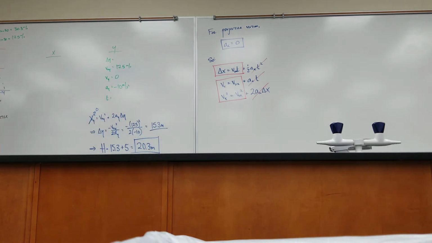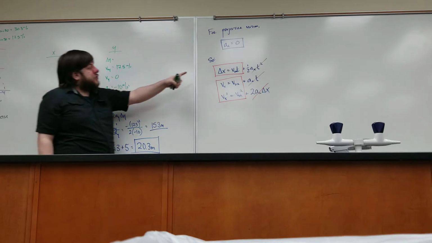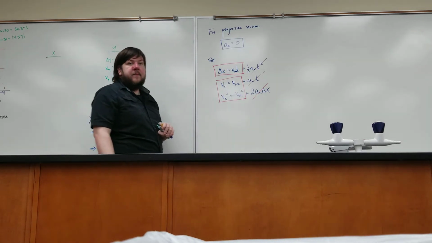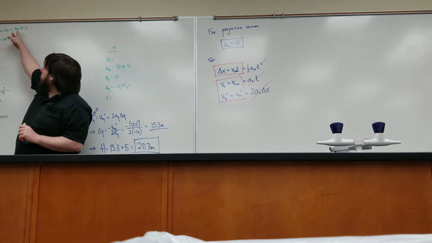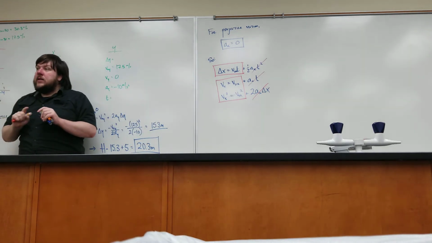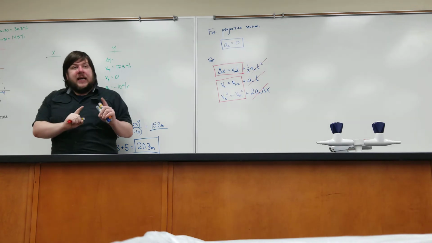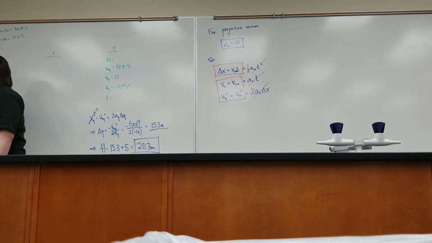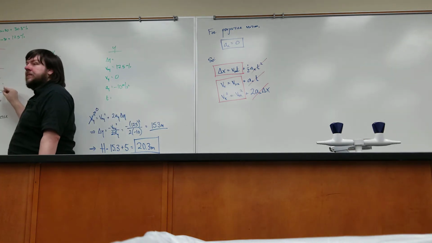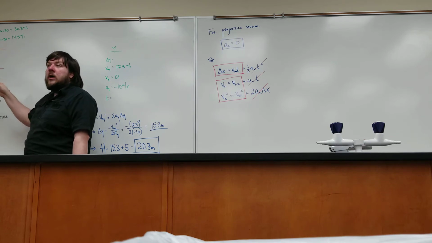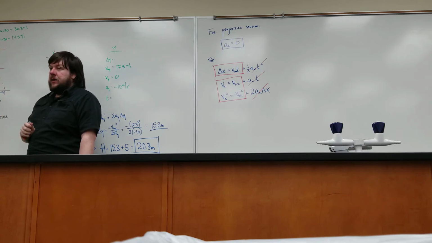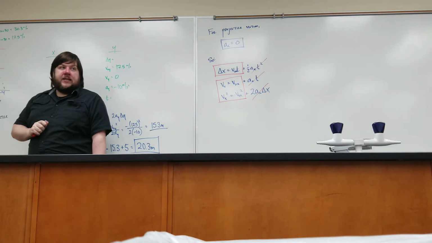So if you want to find the range, how far this projectile goes horizontally, you need to know two things. You need to know how fast it's traveling horizontally, that we know, it's 30.3 meters per second, and you need to know how long it takes the projectile to travel from here to here, meaning how long the projectile's in the air for, what we call the time of flight.